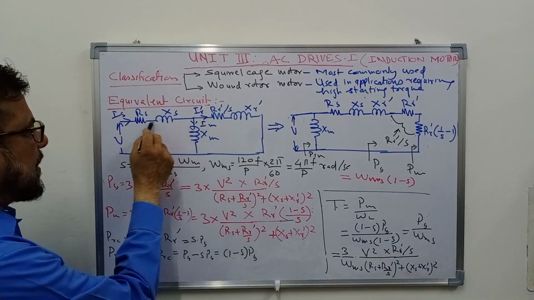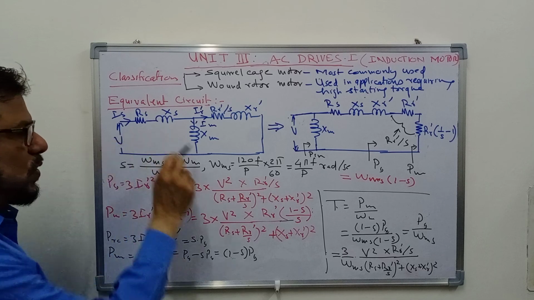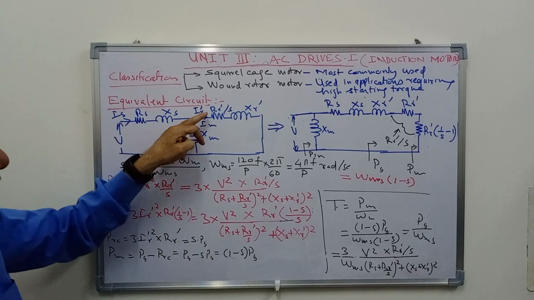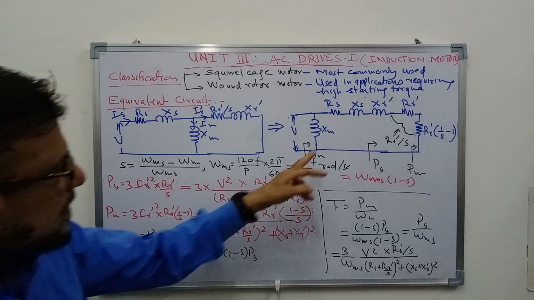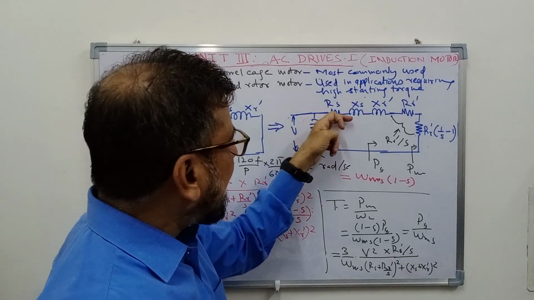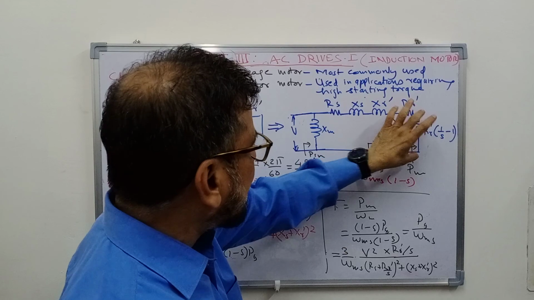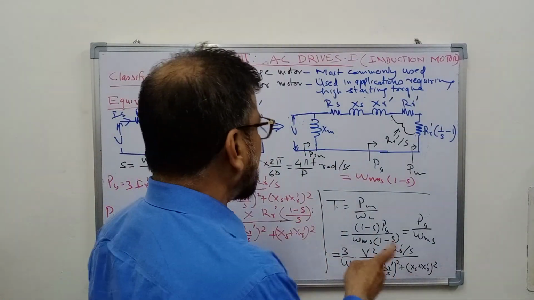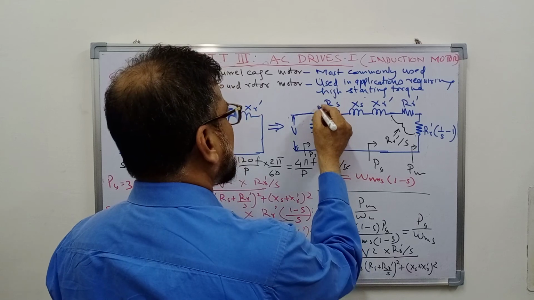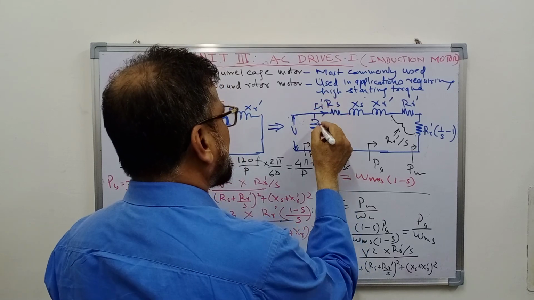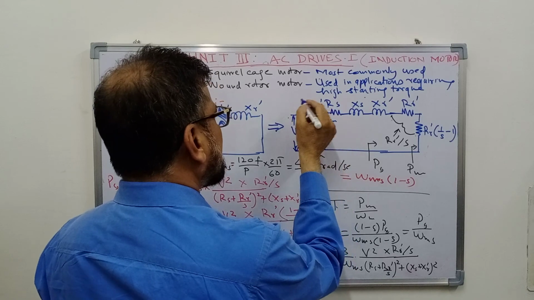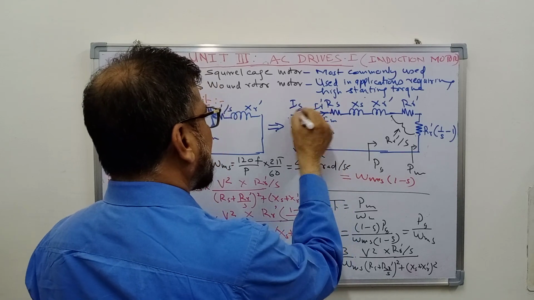The current in the stator winding is shown as IS, which is IM plus IR dash, whereas in this case the current in RS is equal to IR dash. This current you can show as IR dash, this is the magnetizing current IM, and this is the source current IS.